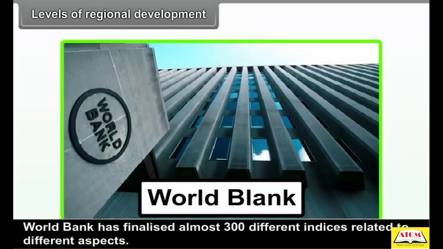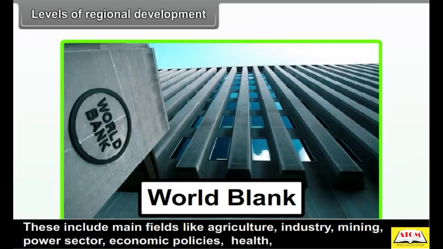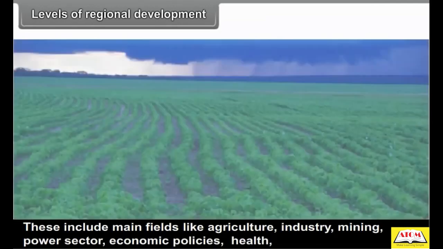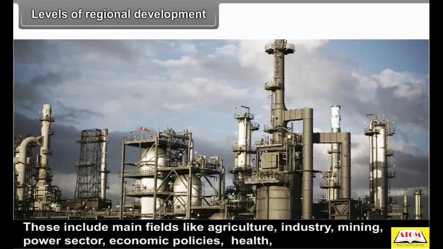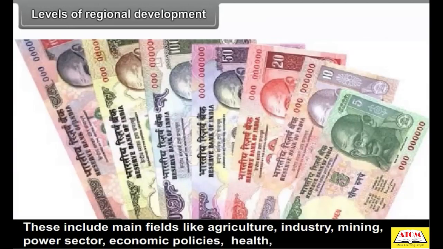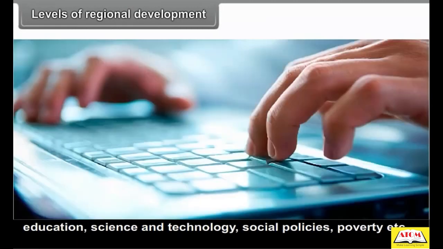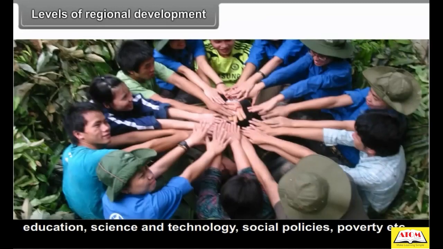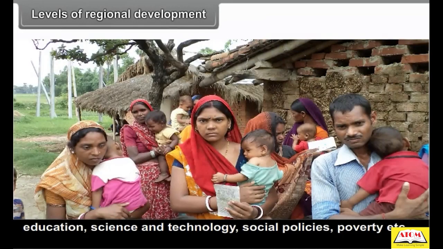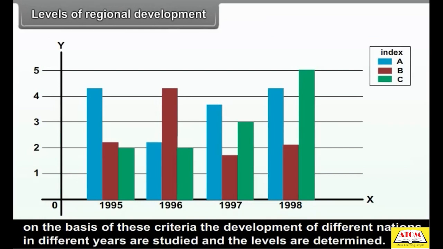World Bank has finalized almost 300 different indices related to different aspects. These include main fields like agriculture, industry, mining, power sector, economic policies, health, education, science and technology, social policies, poverty, etc. On the basis of these criteria, the development of different nations in different years are studied and the levels are determined.